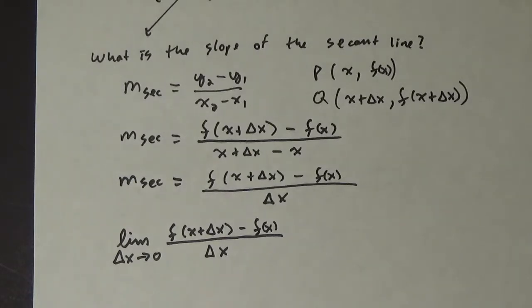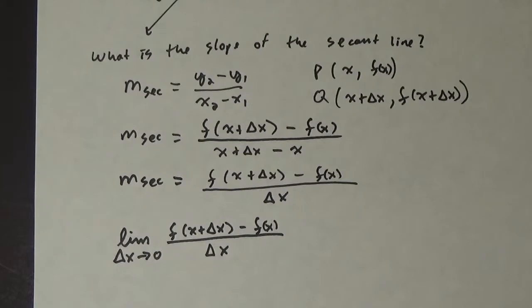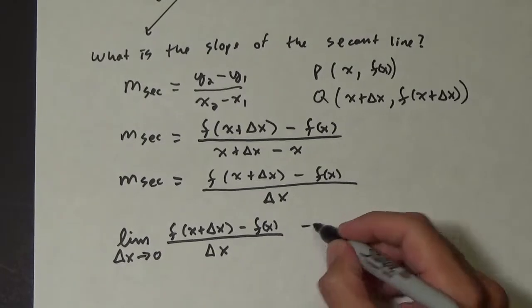Now, just to be careful, this actually is not going to give us the slope. It's going to give us an equation that represents the slope of the curve. So let me write that down.